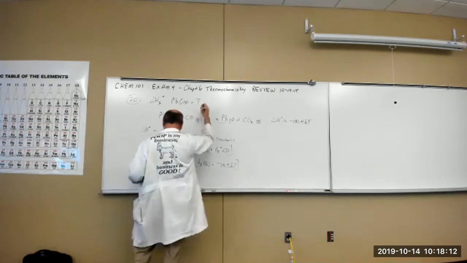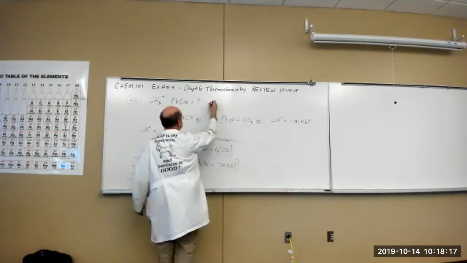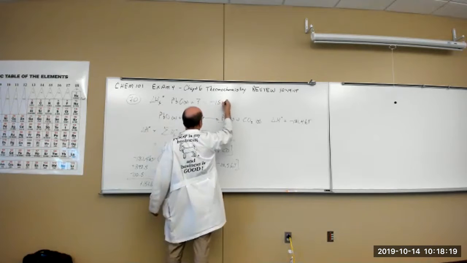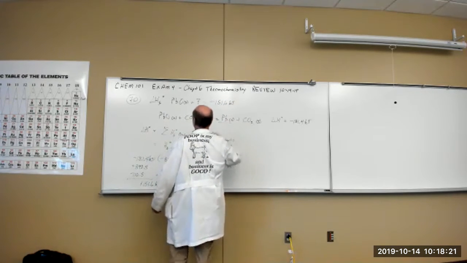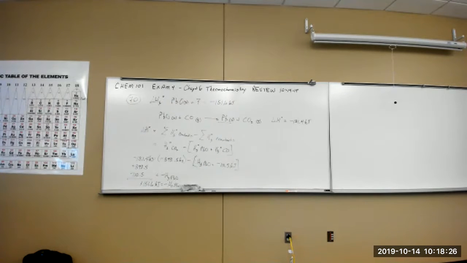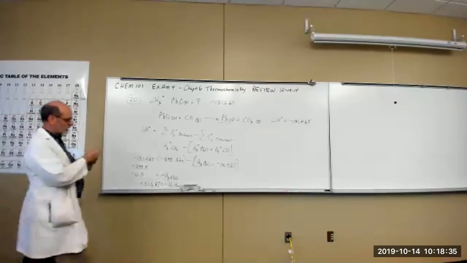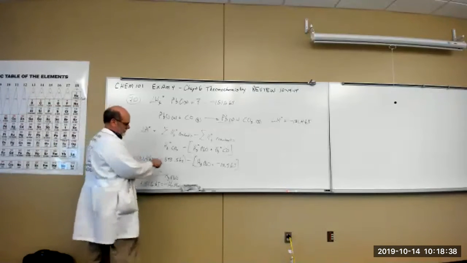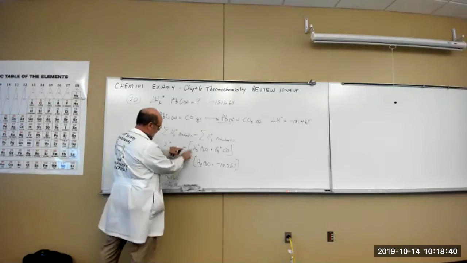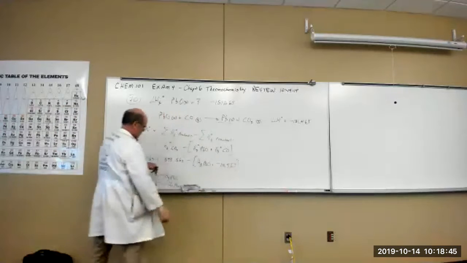So this value is going to be a negative 151.6. That's the heat of formation of PbO. Let's see. There it is, A. Okay? So those signs can really mess with you. You got to keep track of them. And see that this is a negative for everything that's inside there. Negative inside all of it.